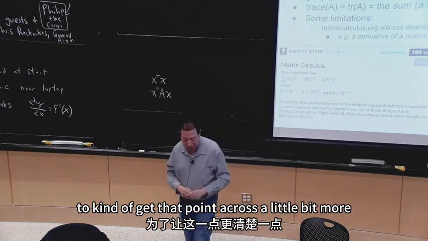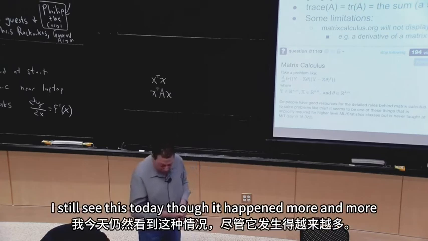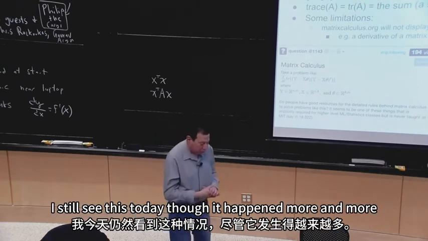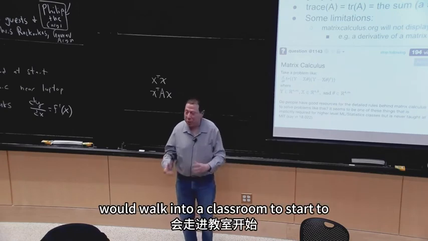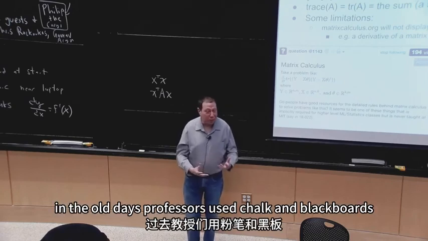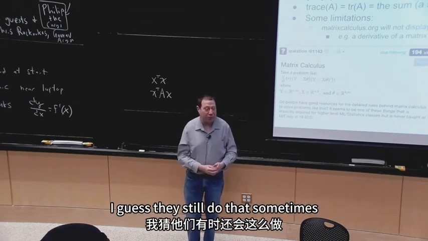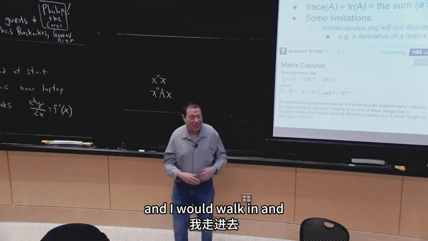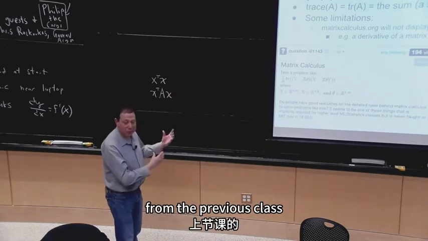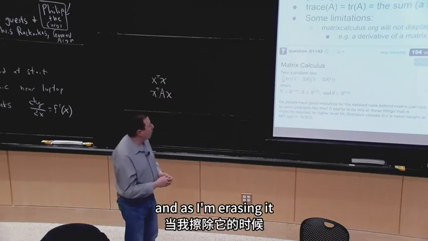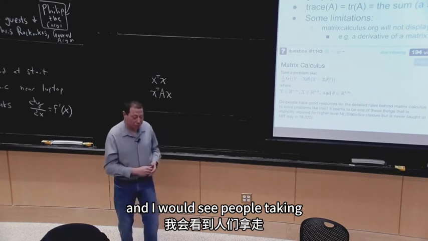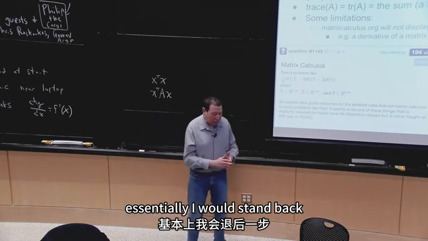To get that point across a little more, I still see this today, though it happened more and more. As a professor, I would walk into a classroom to give a lecture. In the old days, professors used chalk and blackboards. I guess they still do that sometimes. I would see what's on the blackboard from the previous class, and as I'm erasing it, I would look at what was written.